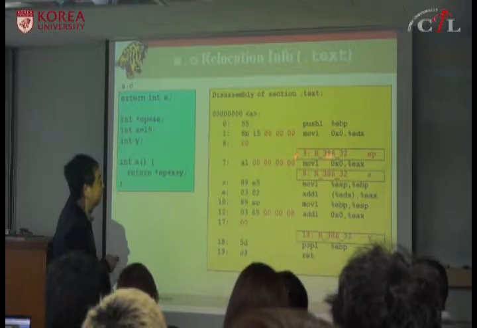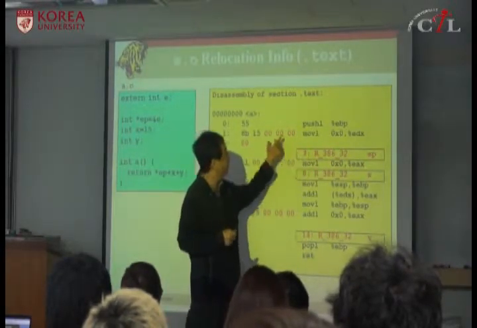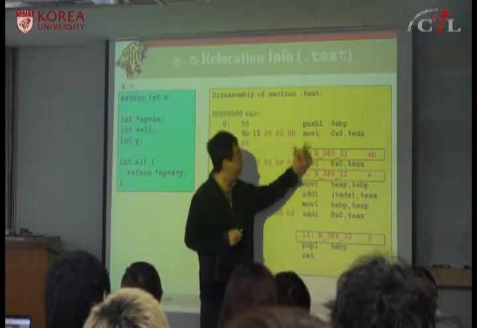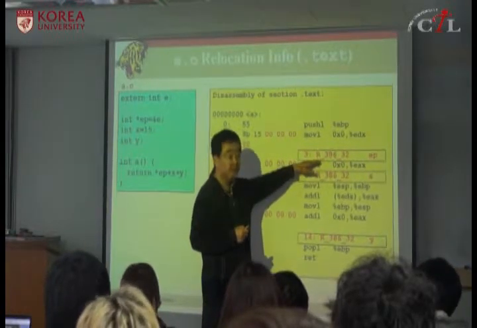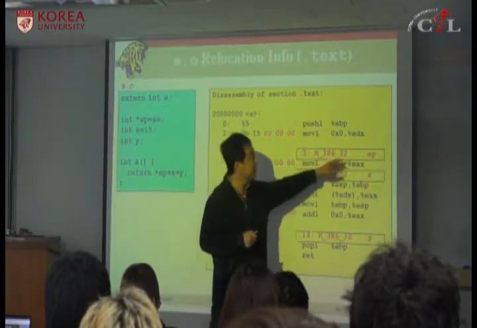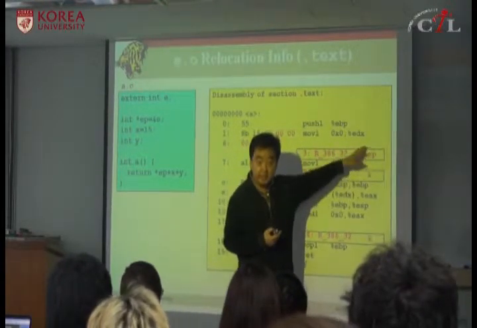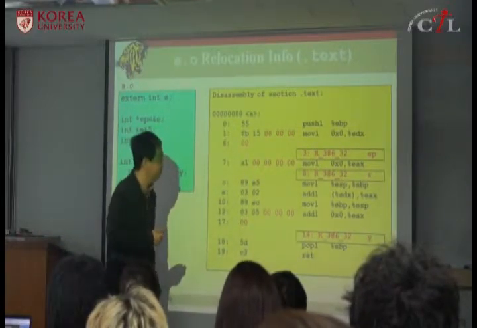So this relocation information means that at offset 3, you have a 4-byte address, and using the absolute address, you need to modify this address. This is unknown. Okay? That's what it said, and you should look for the location of this symbol after the linking. Okay? That's what this relocation information says.